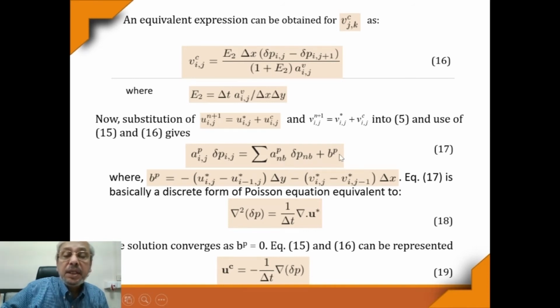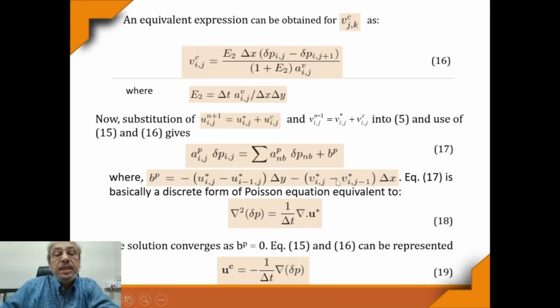and BP. If you do this substitution by yourself and write down the resulting equation in this form, you will get one term BP, which is given by U star ij minus U star i minus 1 j into delta y, minus V star ij minus V star ij minus 1 delta x.